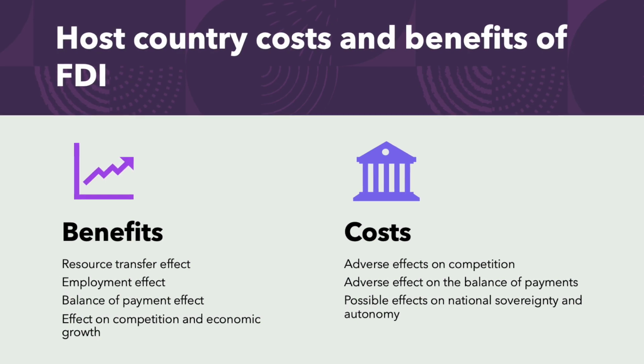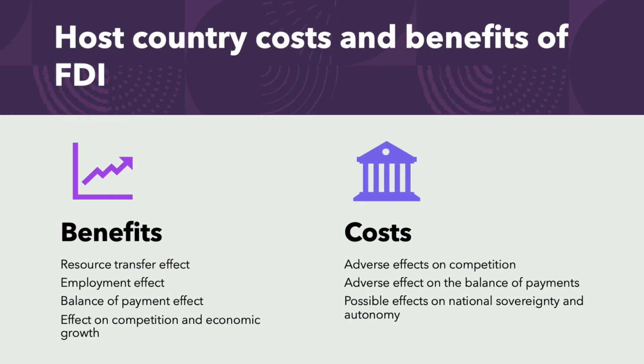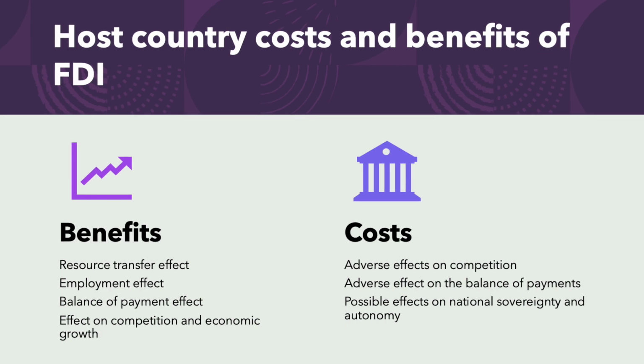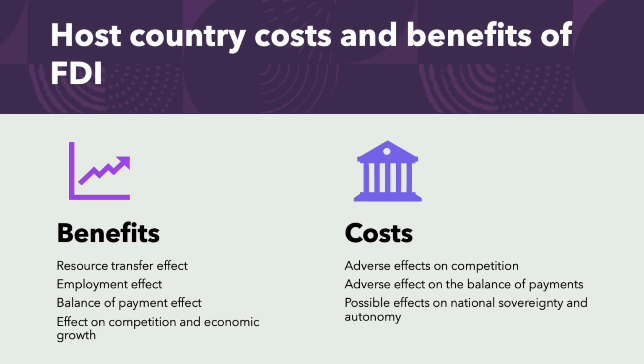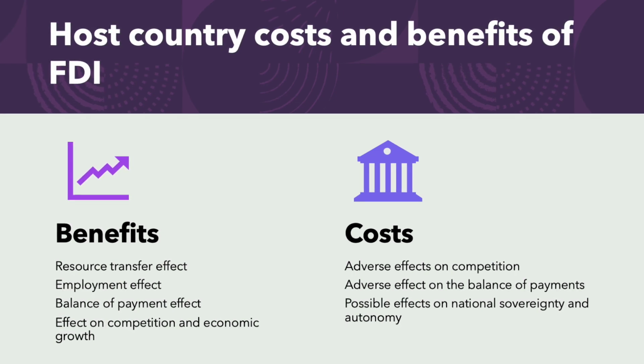It can help improve the current account of the host country's balance of payments. When the MNE uses a foreign subsidiary to export goods and services to other countries, it helps increase the exports of the host country. Effect on competition and economic growth. When FDI comes in, there will be more enterprises, which increases the number of players in the national market.